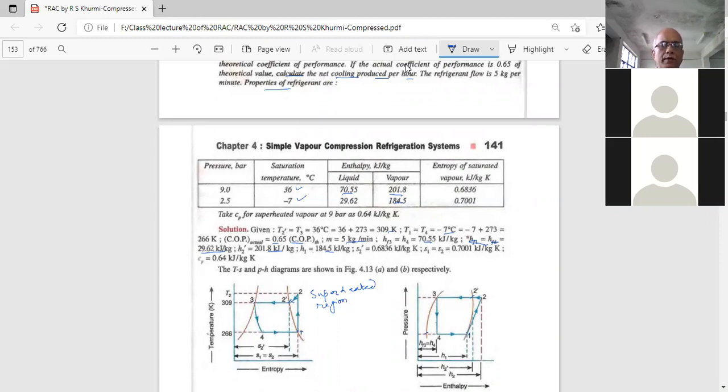S1 is given equal to S2 as it is an isentropic line, equal to 0.7001 kilojoule per kg, and Cp is also given as 0.64. Cp here is for the superheated vapor at 9 bar, given as 0.64 kilojoule per kg.